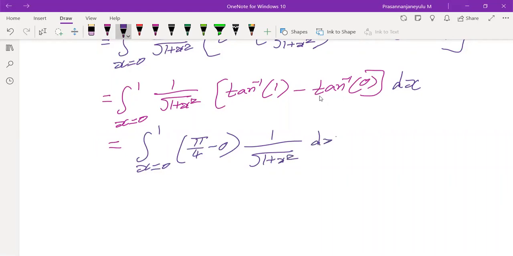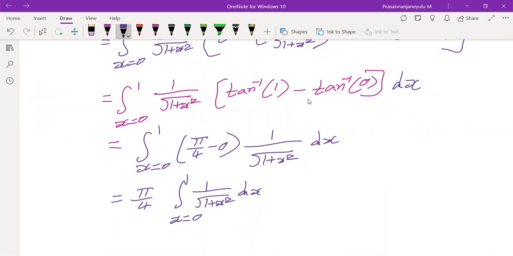Again, we have one more point here. Pi by 4 minus 0 is nothing but pi by 4. Pi by 4 is a constant term, so we can bring it outside of the integration. We get pi by 4 into integration of 1 by root of 1 plus x square into dx. What about the integration of 1 by root of 1 plus x square into dx? You have it in the list of formulas.